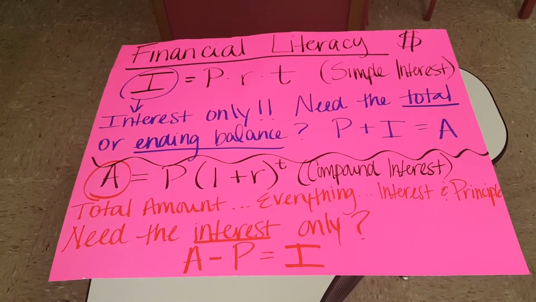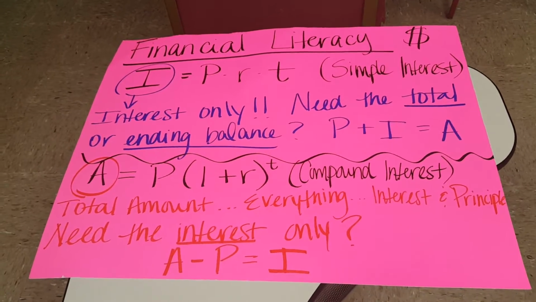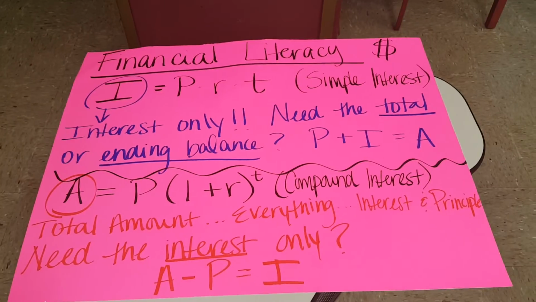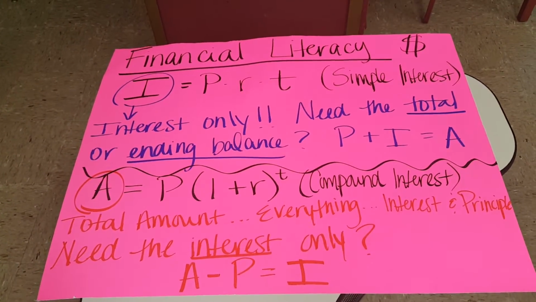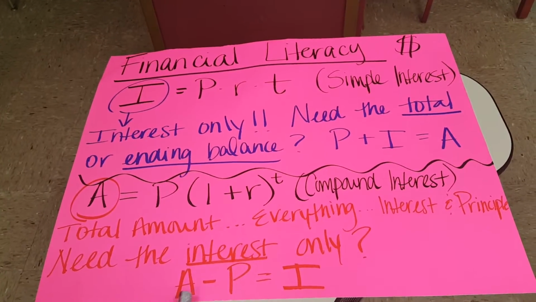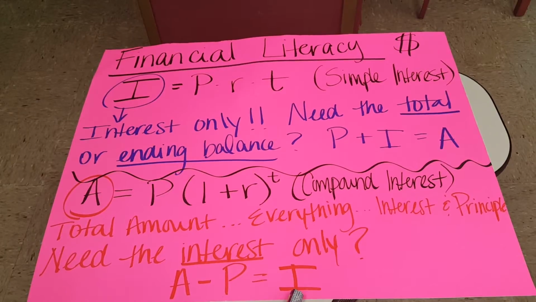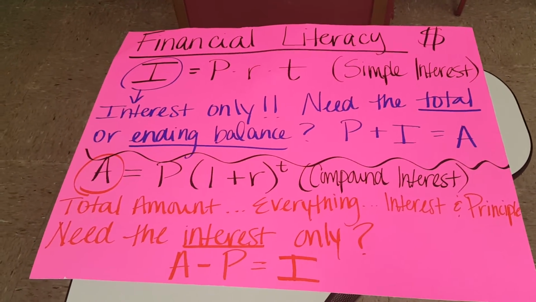If we're using the compound interest formula, it finds us the total amount. If we've read carefully and the question says, how much interest does so-and-so have, you know that you have to take that total amount, subtract the principal, and the remainder will be the interest. Okay, it's really important to make sure that you're reading.